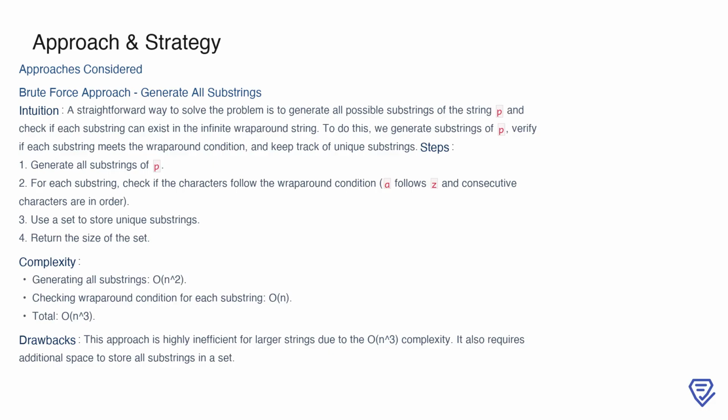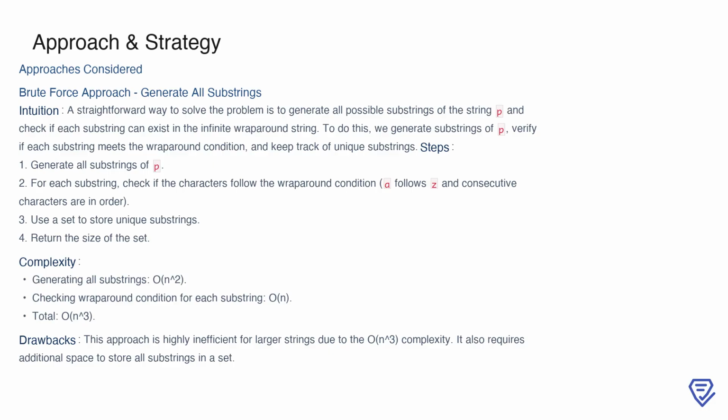For example, the character A must follow Z in the infinite sequence, and all consecutive characters in the substring must maintain their natural order. Once verified, we store these substrings in a set to ensure uniqueness, and the final answer would simply be the size of this set.